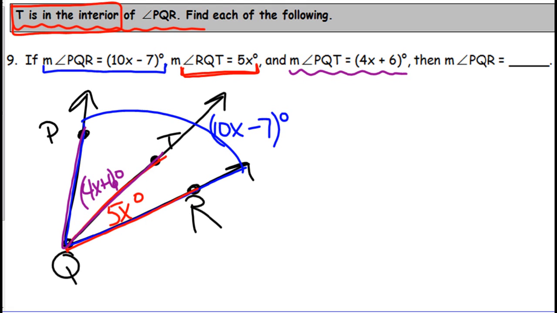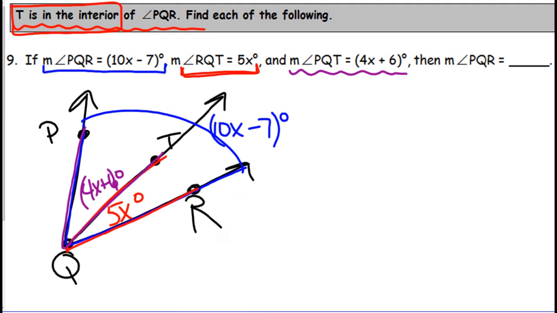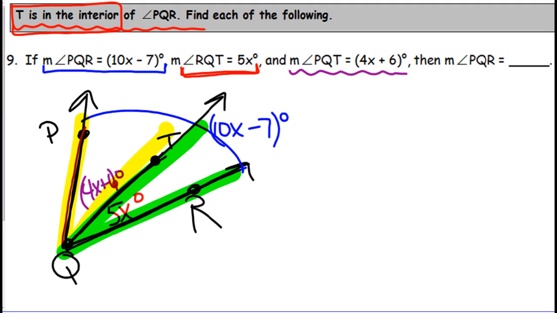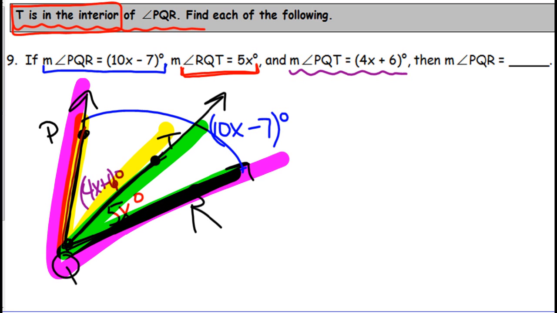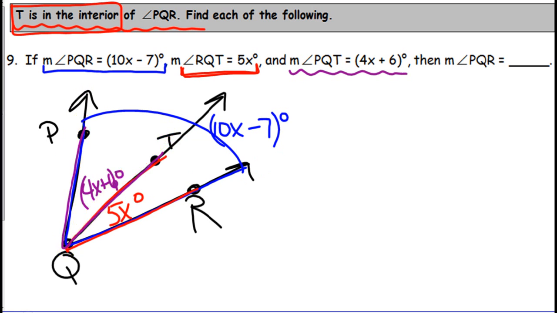So we are ultimately looking for the entire angle, but remember, when we talked today in class, we talked about the angle addition postulate and how we take two small angles to make a bigger angle. So it is literally part plus part equals the whole thing, the entire thing. I'm going to get rid of the highlighters so it doesn't mess up our picture.